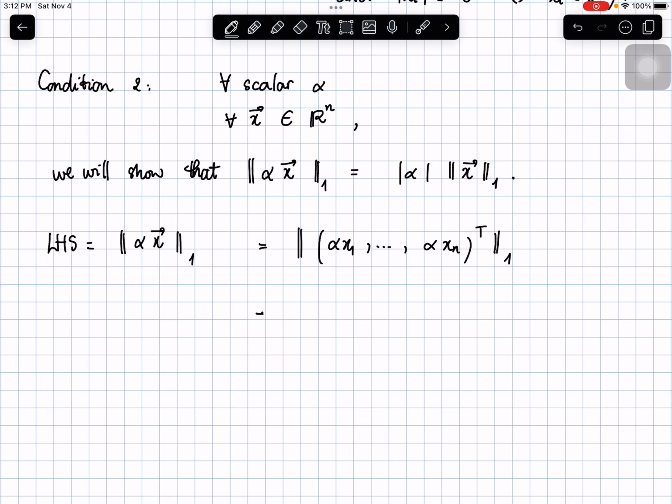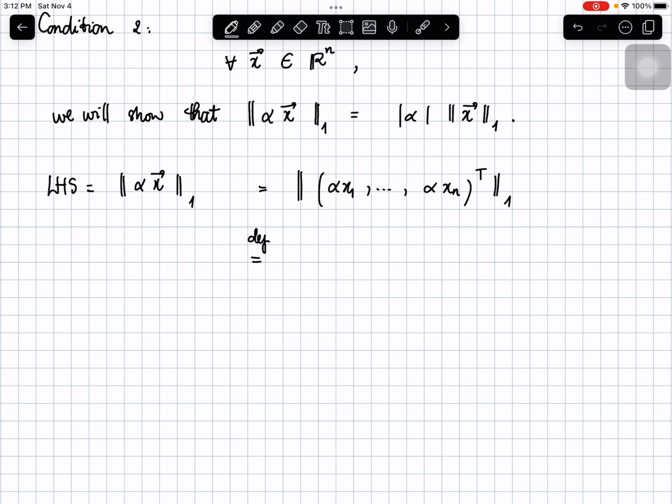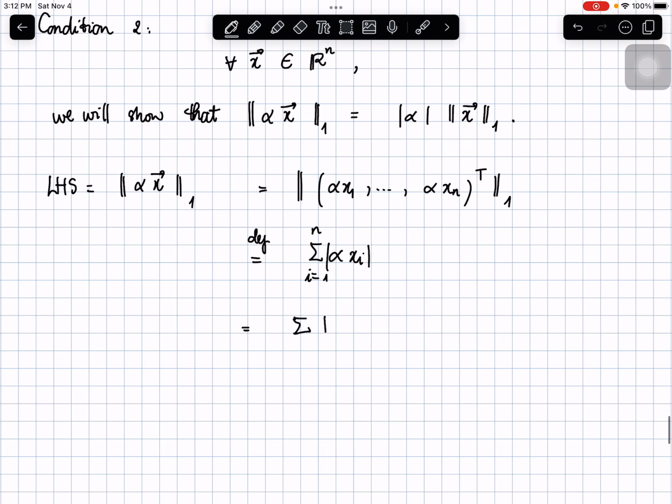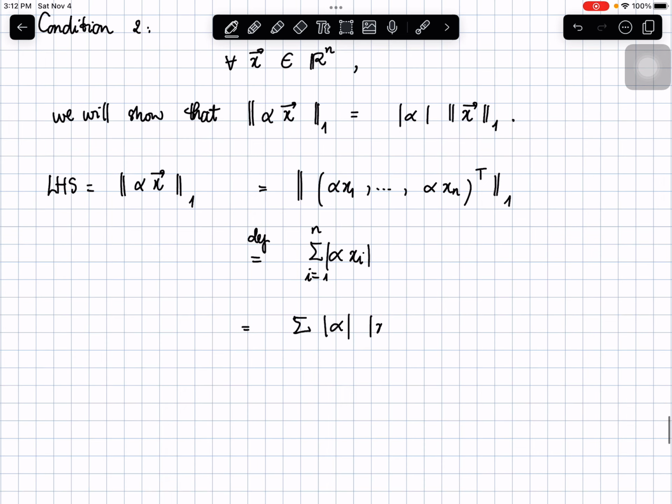And now by definition, this is the sum of the absolute value of alpha xi, i from 1 to n, and this sum is equal to the absolute value of alpha times the absolute value of xi.